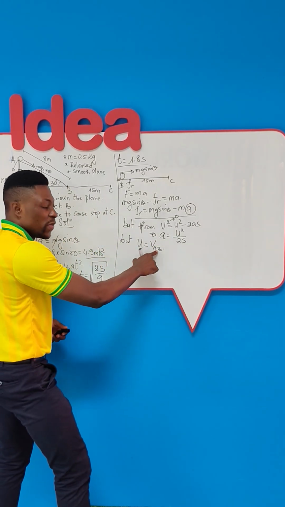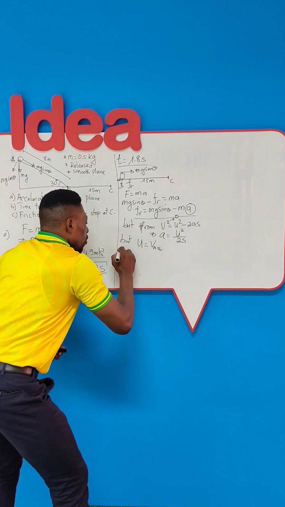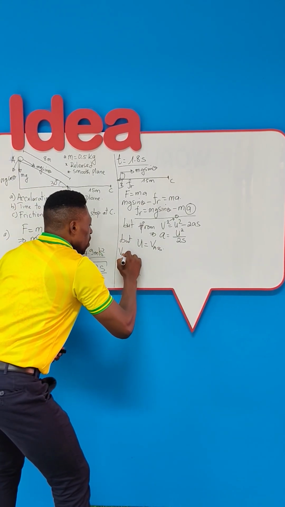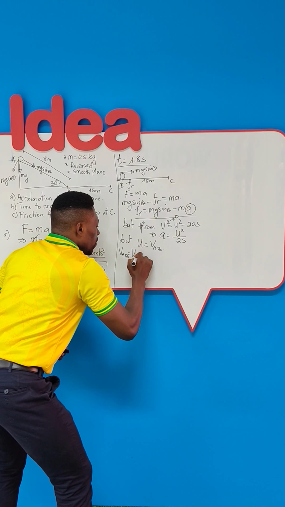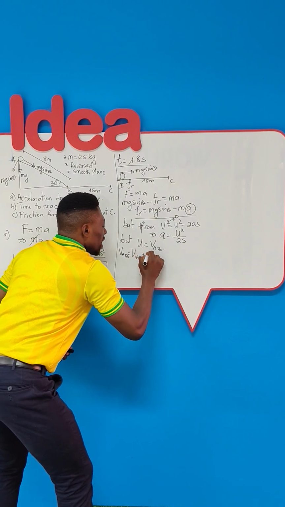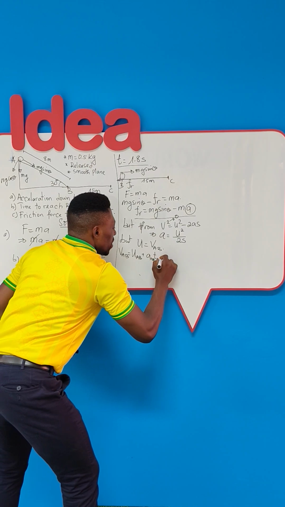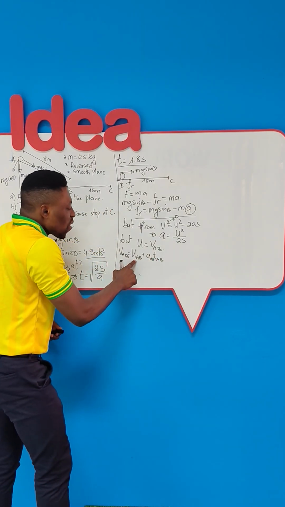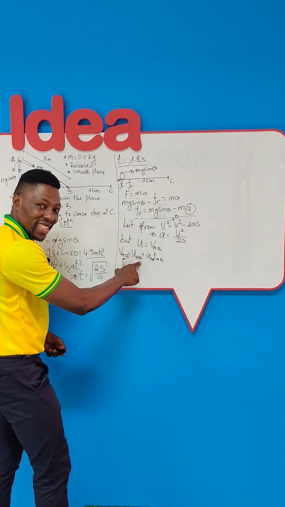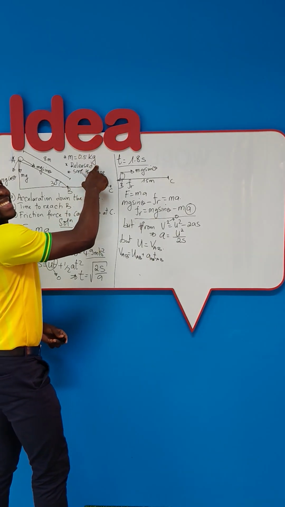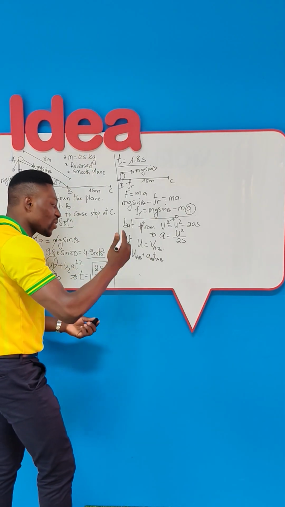Okay, so let us get v of phase AB. Now, we will use the very first equation. v of phase AB is equal to u of phase AB plus a of phase AB times t of phase AB. But u of phase AB, what is it? 0. Very good, because it was released.